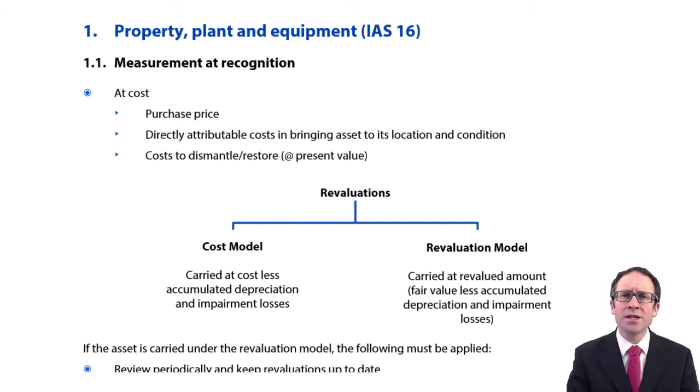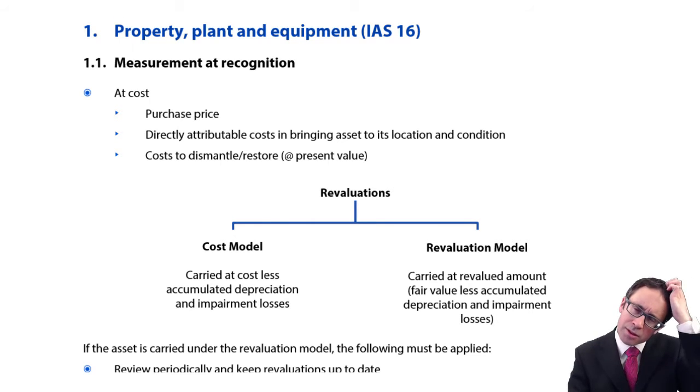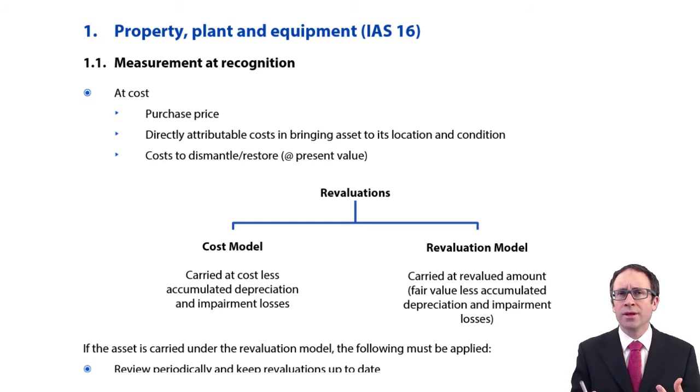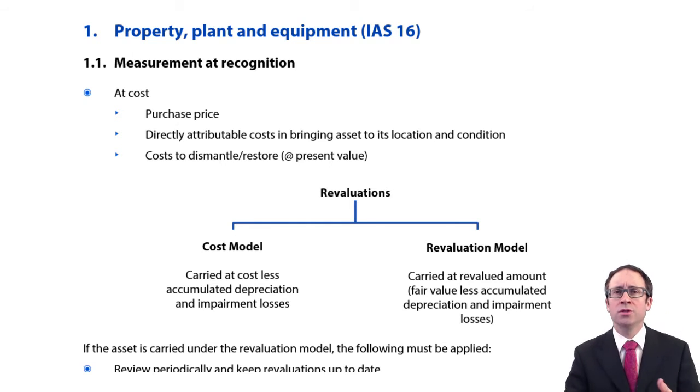So we're thinking about property, plant and equipment. Effectively, property, plant and equipment is quite literal. It's property, so land and buildings, isn't it, that you probably use for administrative purposes, such as your head office, or maybe you are renting out some property that you might have.